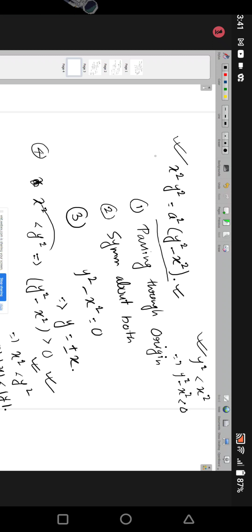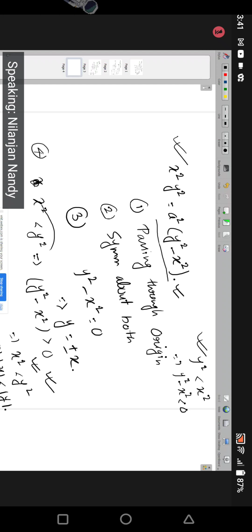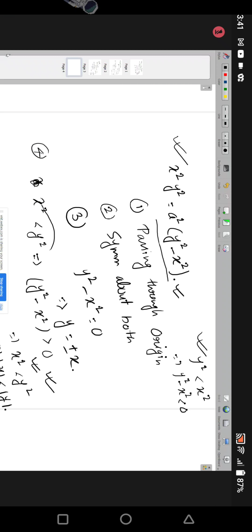If y square is less than x square. So if y square is less than x square, that cannot be the region of the curve, since the left hand side is positive and the right hand side is becoming negative. So what is the only possible region here? That is x square less than y square is the only possible region. Okay. Now we are moving on to the asymptote part.